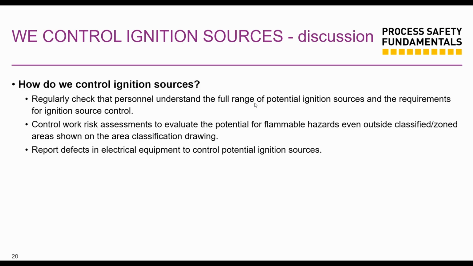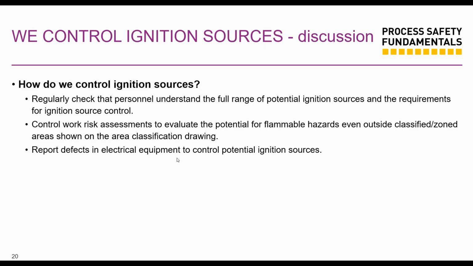Regularly check that personnel understand the full range of potential ignition sources, and control work risk assessments to evaluate the potential for flammable hazards, even inside and outside those areas that are classified on the area classification drawing, your hazardous area classification. Make sure that you're eliminating flammable hazards, and report defects in electrical equipment.